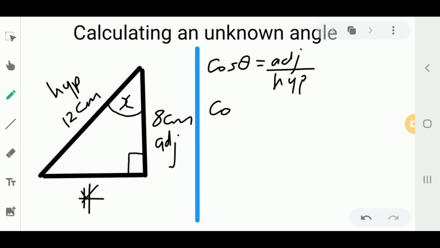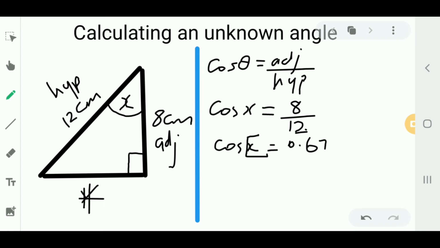So we have cos x is equal to 8 over 12. And if you calculate 8 over 12, that's going to give you 0.67. So again, we want x by itself.